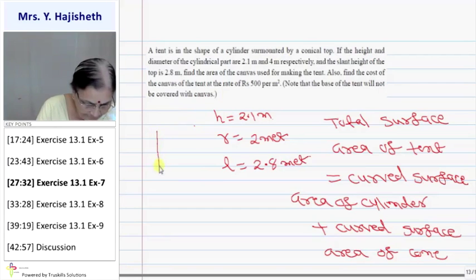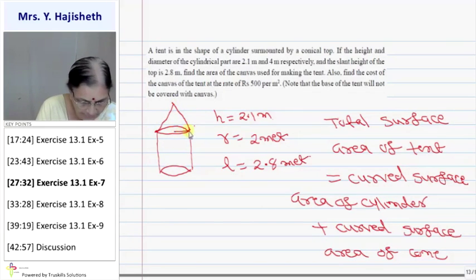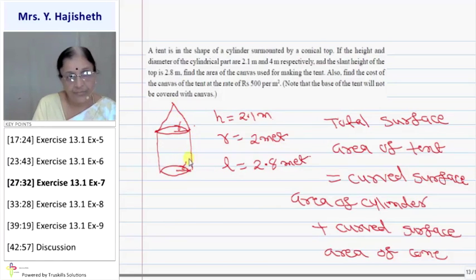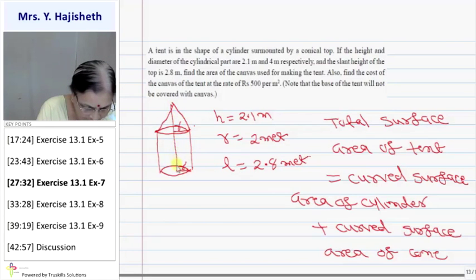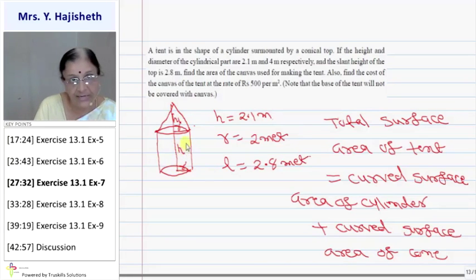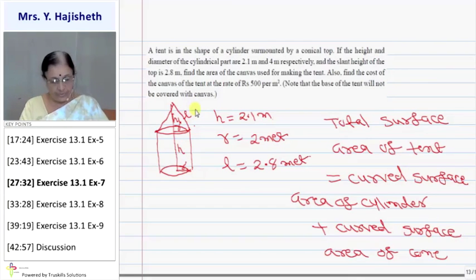It is cylindrical at the bottom and conical at the top. If I consider radius of cone as well as cylinder as R and height of cone is taken as H1 and height of cylinder is taken as H and this L is the slant height of cone.